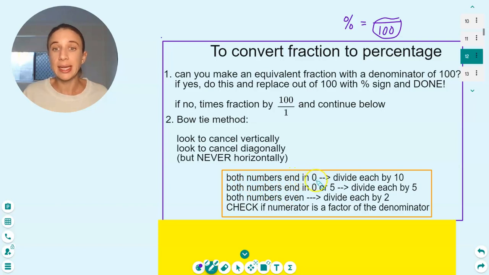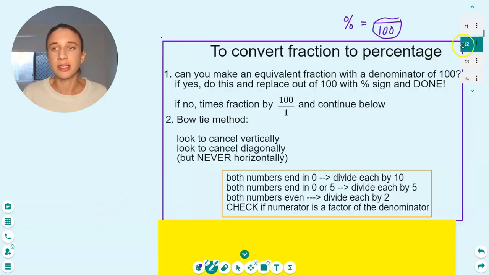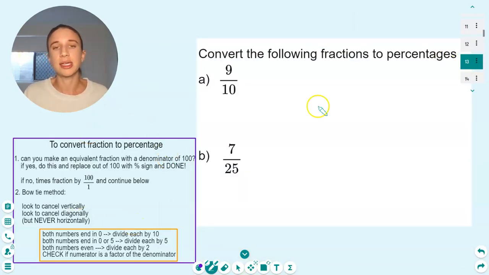If both numbers end in 0, you can divide each number by 10. If both numbers end in 0 or 5, you can divide each by 5. If the numbers are even, they're divisible by 2. And sometimes you need to check if the numerator is a factor of the denominator. This process is just shown in a little rectangle down here.